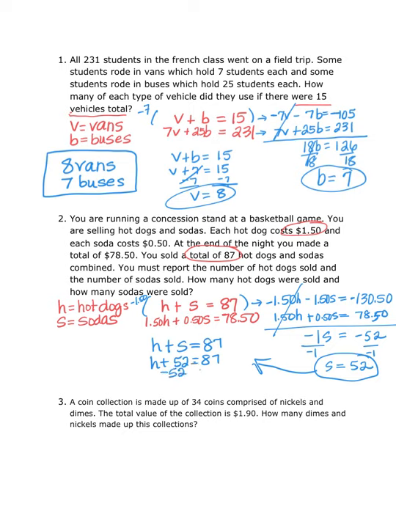Subtract 52 on both sides, and you end up with H equals 35. So over here I'm going to state my answer. There are 35 hot dogs and 52 sodas that were sold.